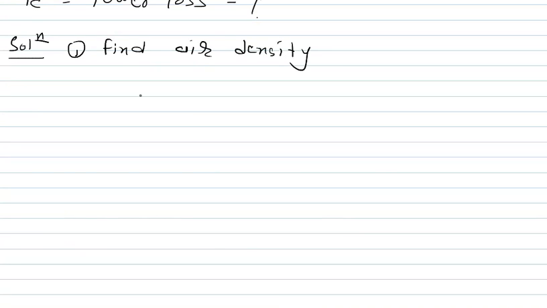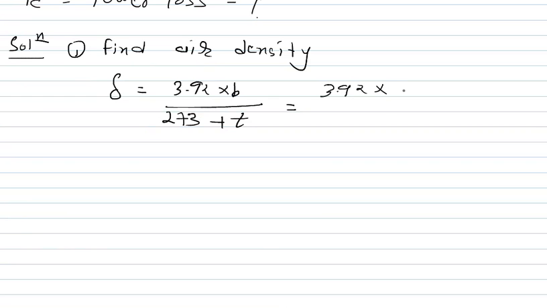We have seen the equation of air density, that is 3.92 multiplied by B divided by 273 plus T. So I will put the value of B as 76, and 273 plus temperature 40. So we have 0.952, that is your delta.